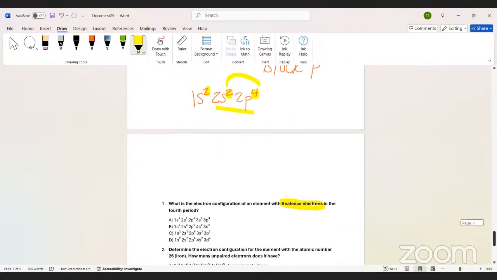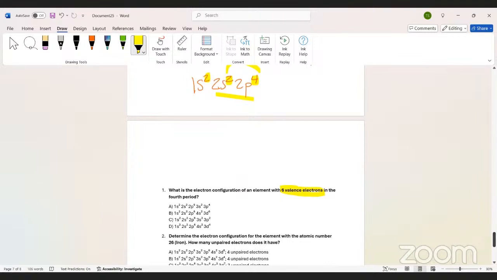This is how you all do process of elimination when it comes to your answer choices. So I'm gonna zoom in so y'all can see this. Which one of these elements is in the P block for the last thing that is writing for 6 valence electrons?